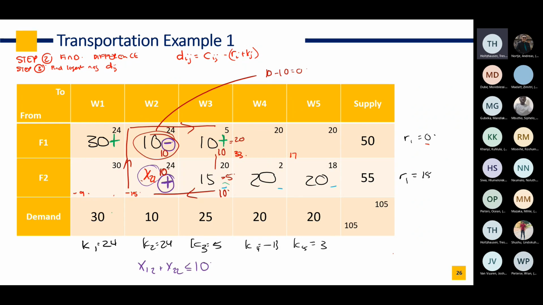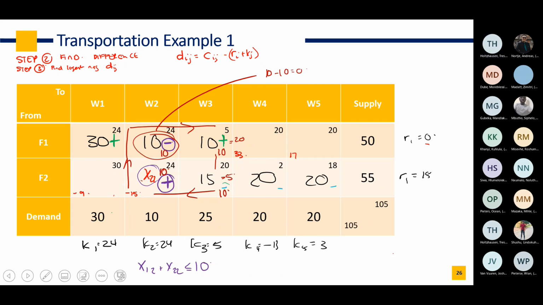A basic variable is a variable which is non-zero, a positive value, and part of your corner points, where there are actual numbers and not just zeros. Everywhere else is just zeros.